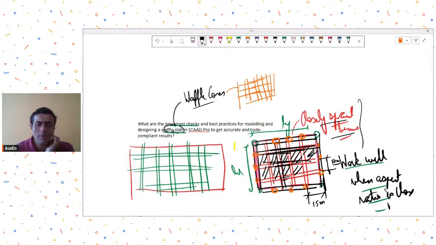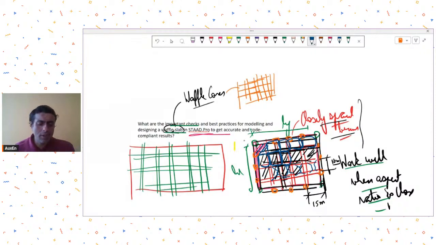And I don't know what else. Yeah, one more thing, if you are going for StaadPro, just try to have a plate model also for slabs, and do two things: try the slab modeled as plate elements and see what results you are getting, and then another time just apply floor loads as we do in Staad without modeling slabs, and also see what's happening.